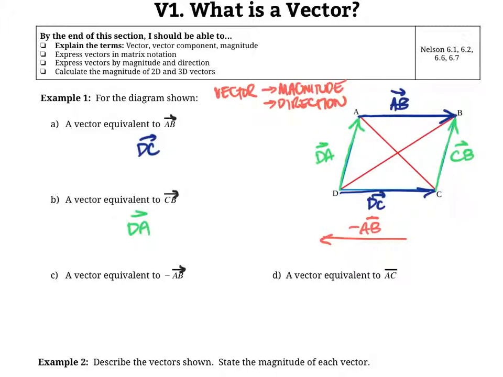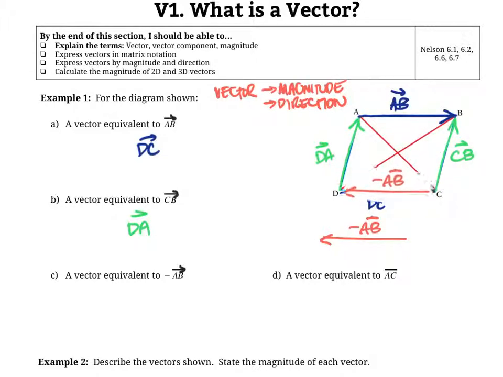So which vector sort of matches that? And what I can actually do on this program is I can copy that and I can sort of move it around. What matches up with this negative AB? Well, one answer is this matches up with BA, right? We're starting at B and we're going to A. So that could be an answer.